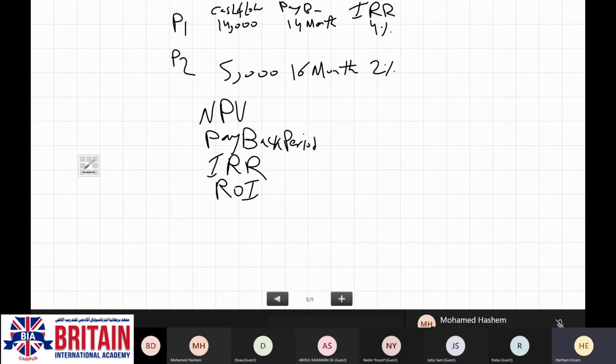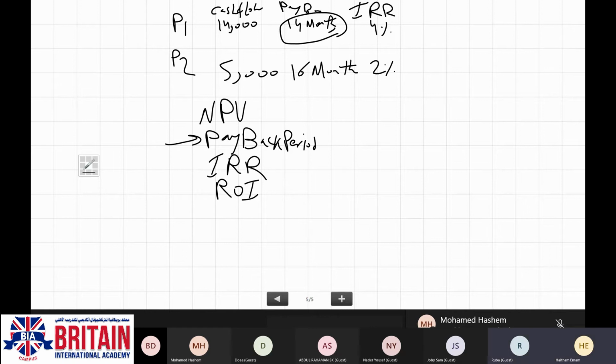When it comes to the payback period, what do we mean by payback period, Ruba? I remember the payback period is the income, the profit, that should come back out of the project, and it should be the least. I remember they choose the least. You are saying that the payback period is the income, right? Yes, the income. Okay, back to the question. Here, the payback period is 14 months.